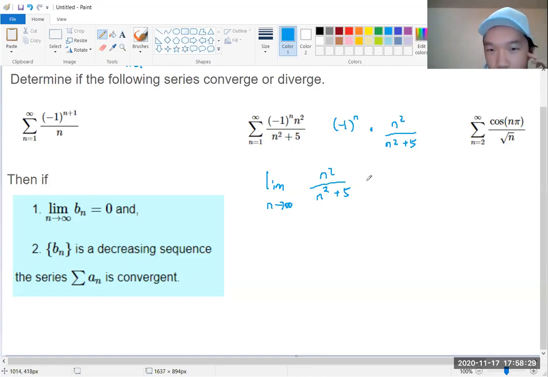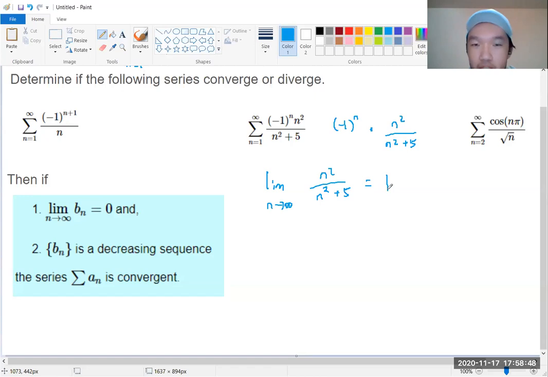This is 1, right? So the limit here is 1. Two ways to show that. You can either just say, because they're the same degree, you just take the coefficients of the leading terms, or you can divide everything by n squared, and that'll also give you 1. So the limit here is 1.